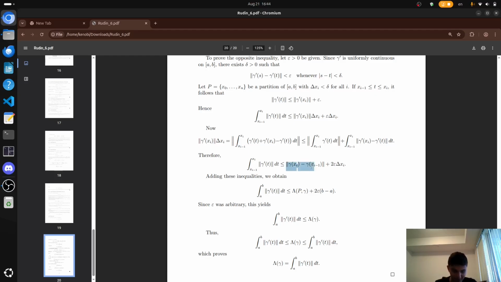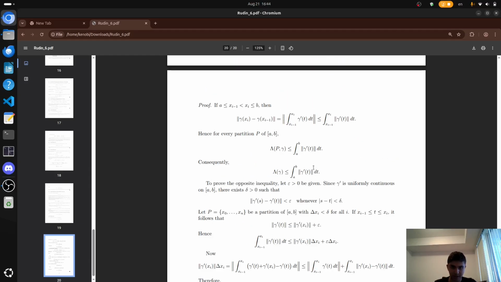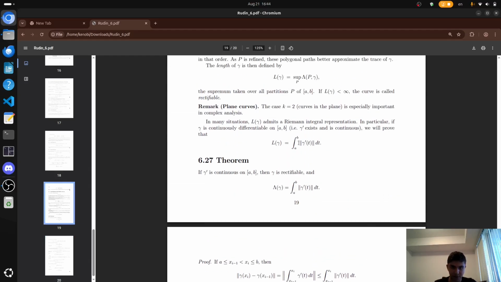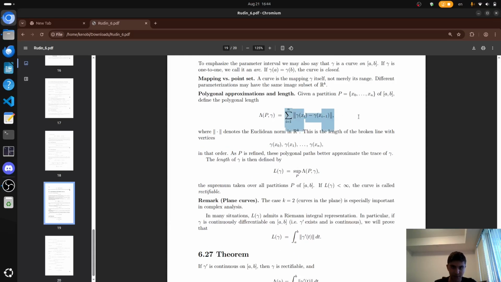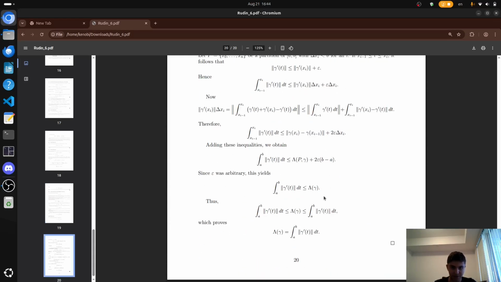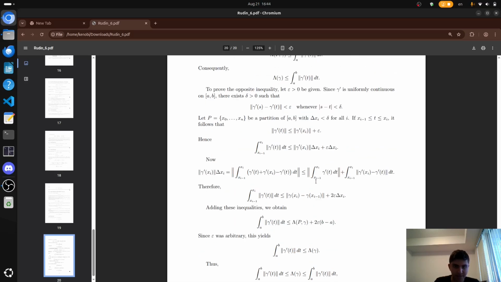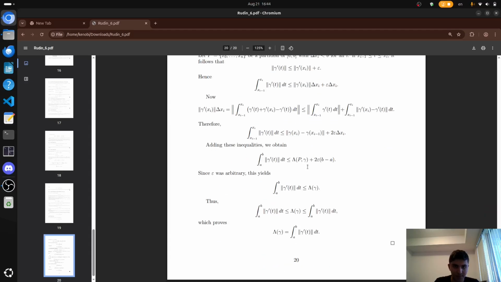And this thing will be the sum of all of the gamma xi minus gamma xi minus 1, which is basically this thing over here as a definition. So that's why we change it. So now, since epsilon was arbitrary, we get that this is less than this, and we've basically proved the other side of the inequality. So like this, we show that a of gamma is equal to the integral from a to b of the absolute value of gamma prime of t dt.